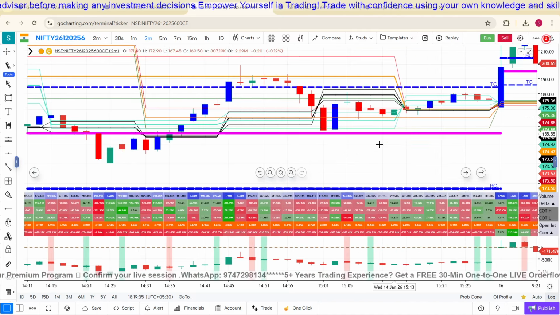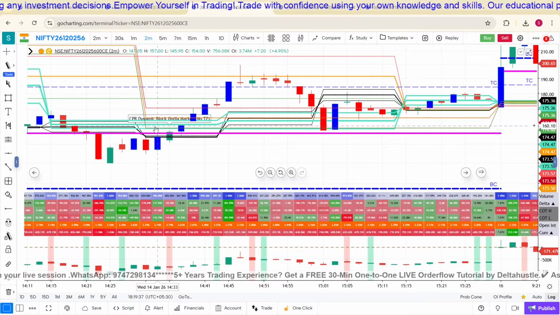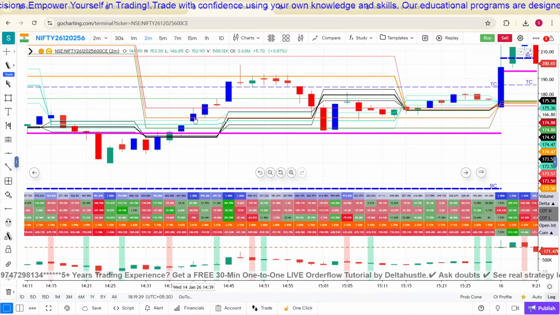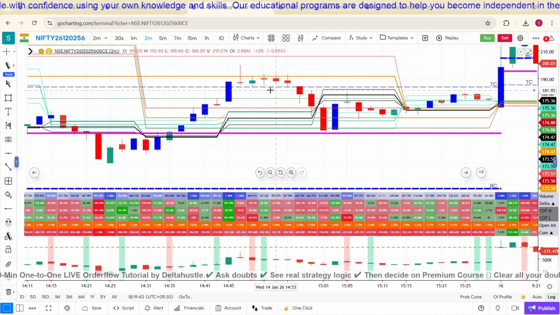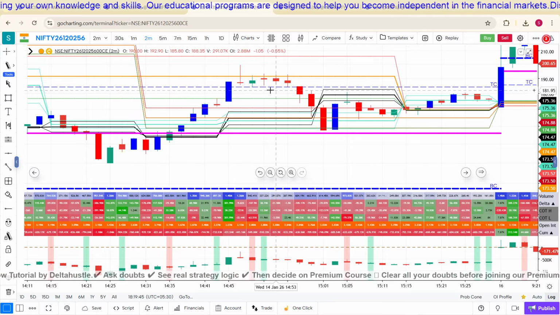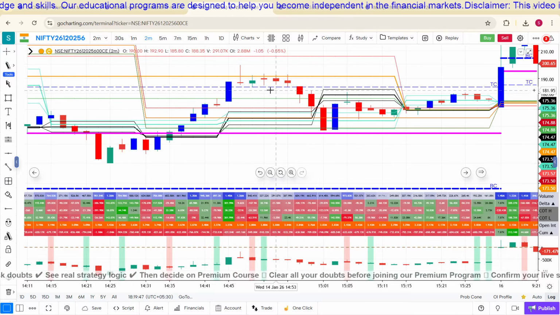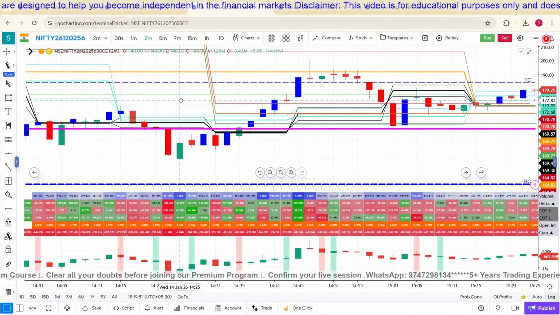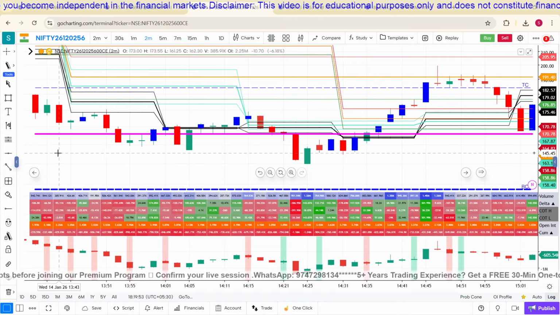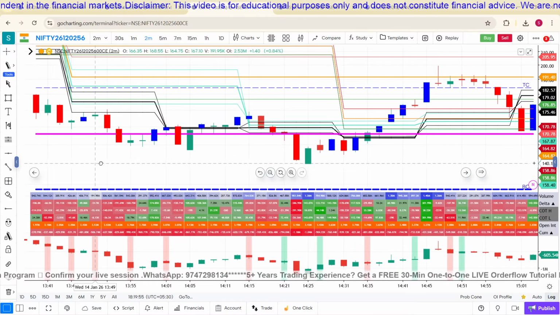Otherwise, it will trade within this range. No pivot breakout, CPR breakout will sustain. So these dynamic CPR combinations we can use perfectly in stocks. There we need a different dynamic CPR setup.